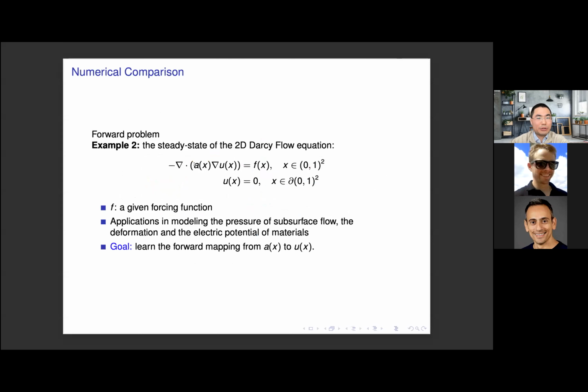The second example is also a typical example in the literature. It's a 2D Darcy flow equation. This is a parametric PDE problem. We want to learn a mapping from the parameter function A to the solution function U, assuming that F is fixed.